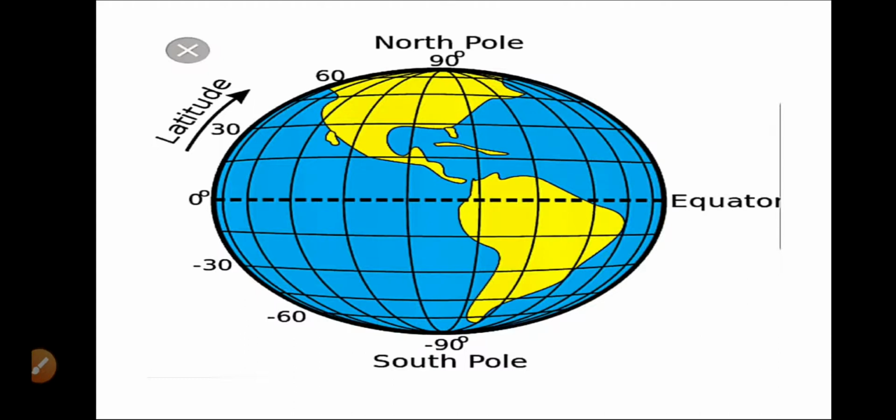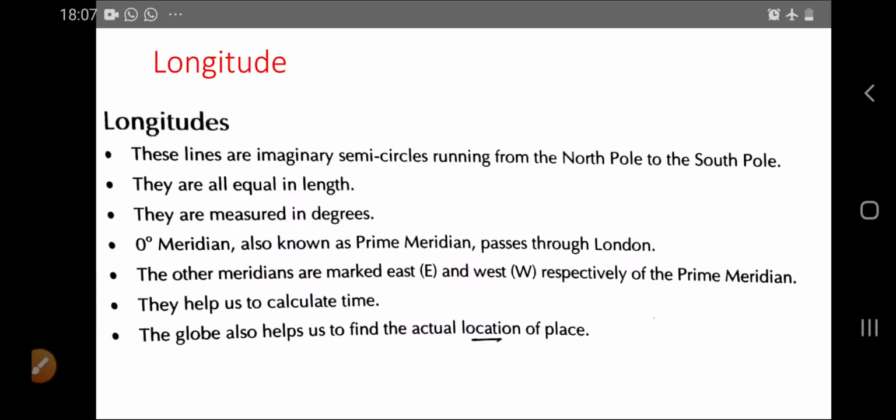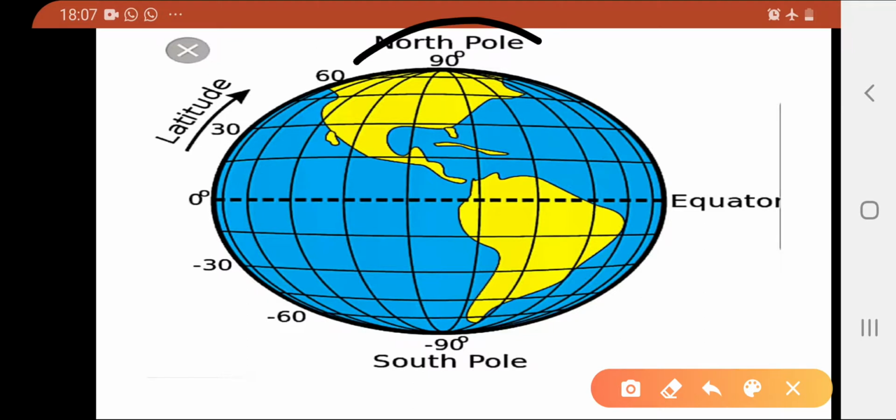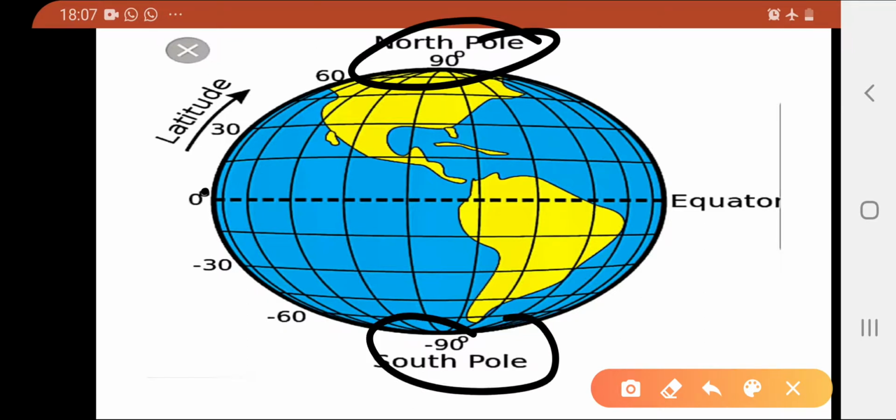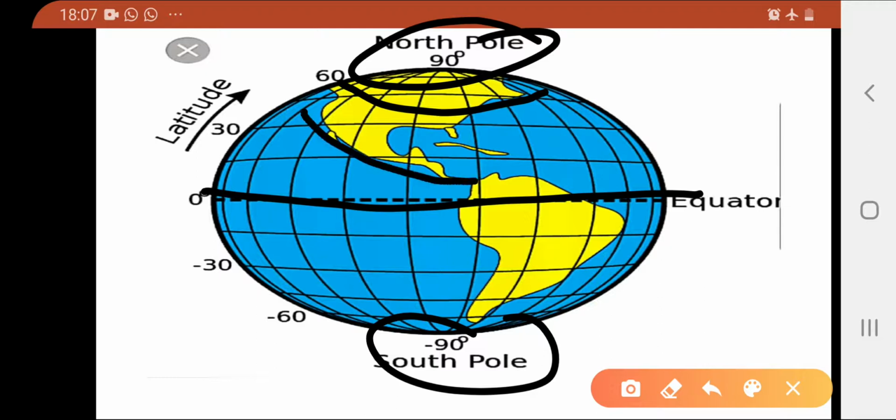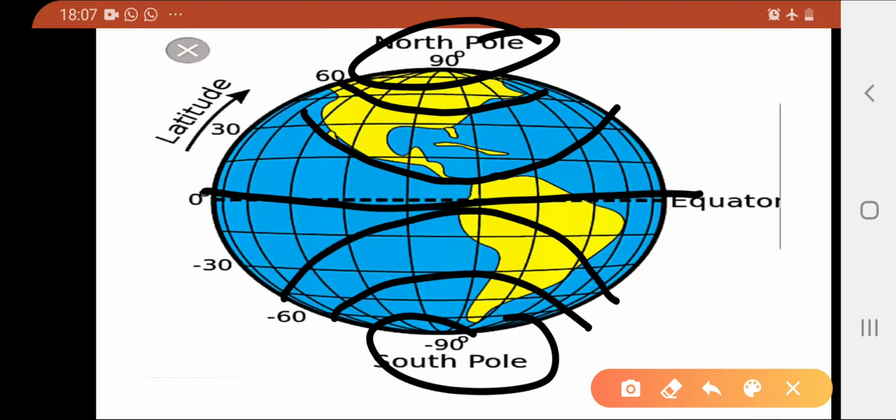So I hope you have understood this North Pole, then South Pole, then 0 degree is always the equator, then these two lines of latitude known as the Tropic of Cancer and the Arctic Circle, then the Tropic of Capricorn and the Antarctic Circle, right, children? Then the North Pole is 90 degrees north and the South Pole is 90 degrees south.